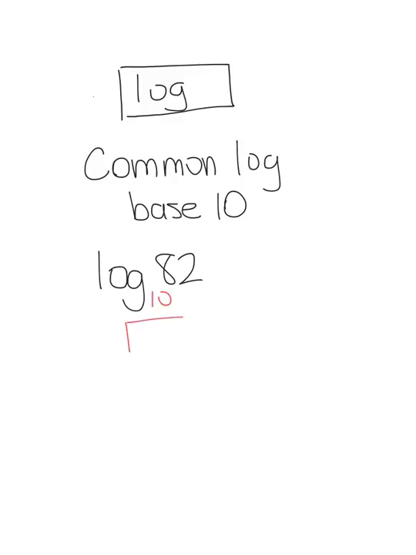To do that in your calculator, you'd just press your log button, type your 82, and then hit enter. You want to be sure, since what you're finding is an exponent, that you round it to as many decimal places as possible. We'll keep 3 numbers after the decimal.